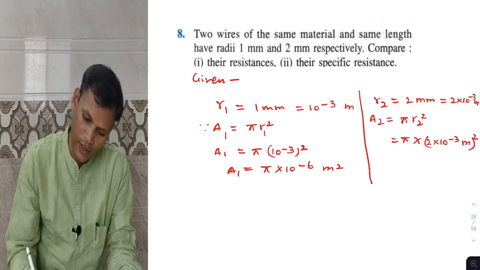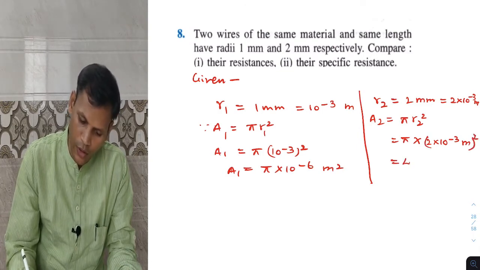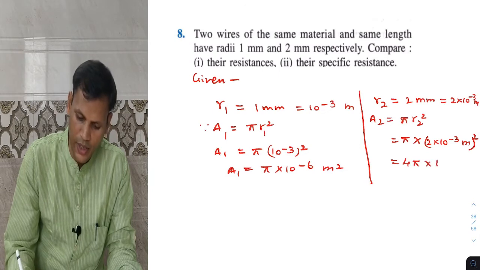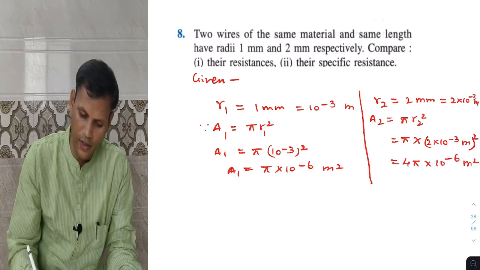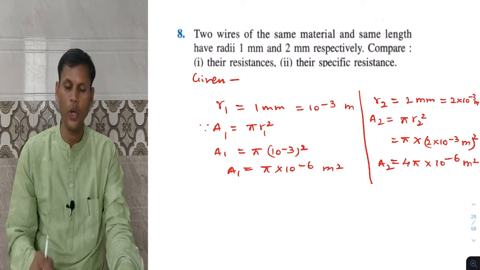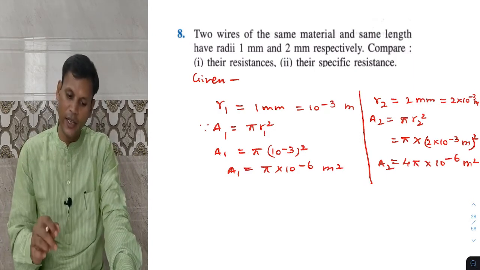So 2 twos are 4, pi into 10 raised to minus 6 meter square. It is area A2. So we get A1 and A2.